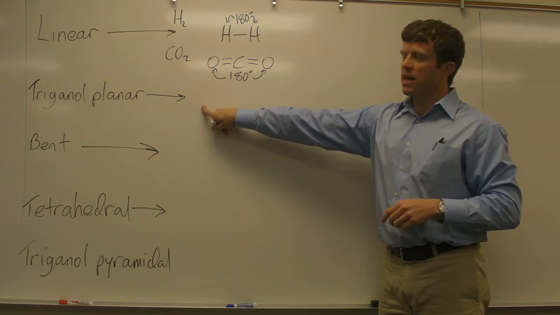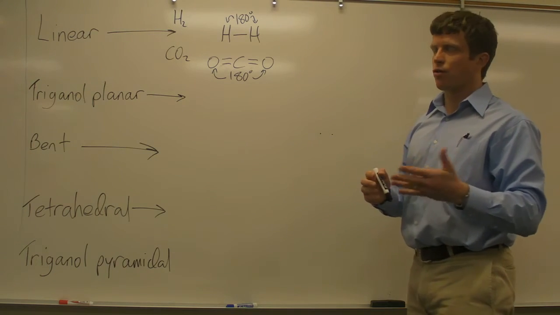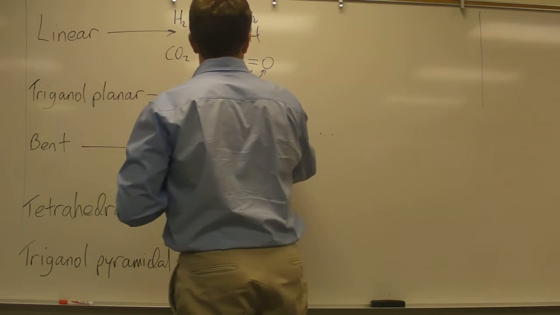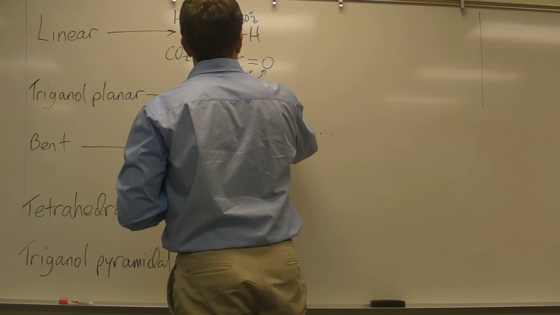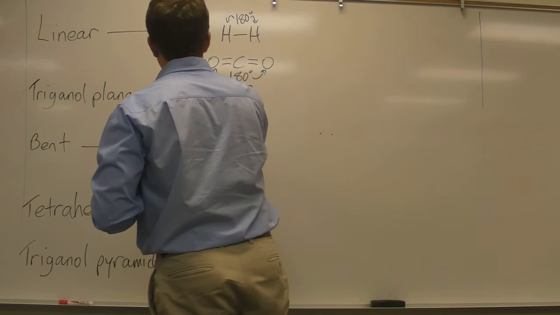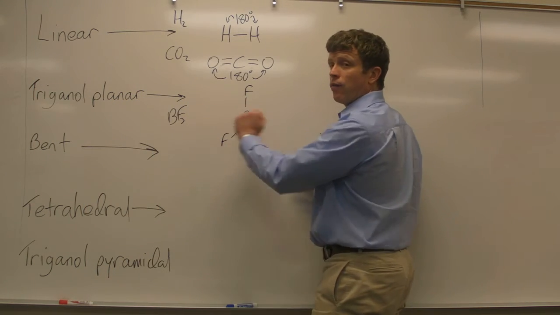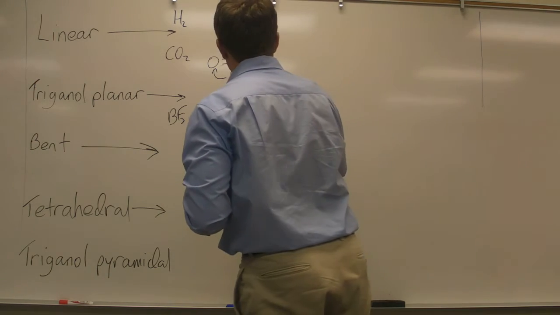Trigonal planar is rare, but I'll show you an example of it. Trigonal implies 3. Planar means that it's in the same plane. So this would be boron trifluoride, 1 boron, 3 fluorine atoms around it.